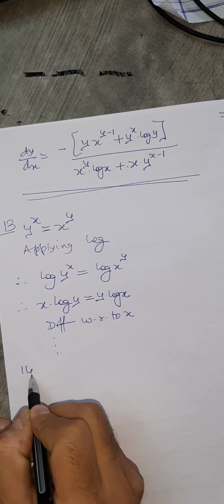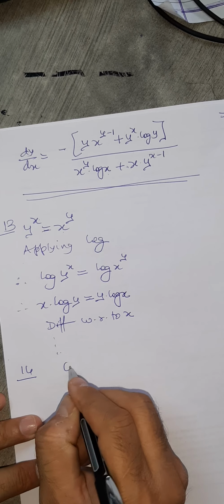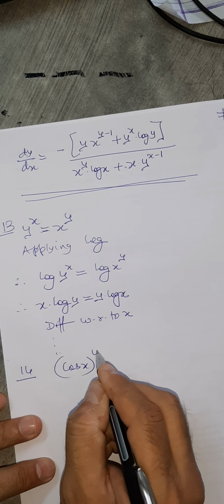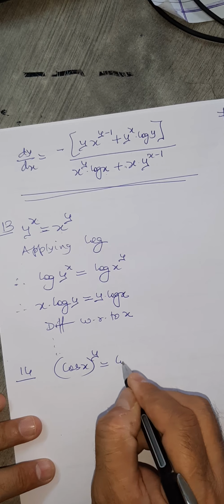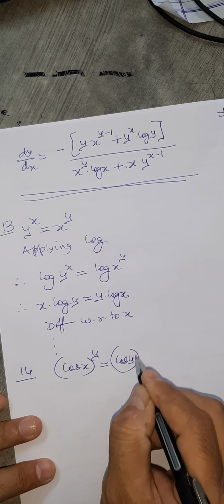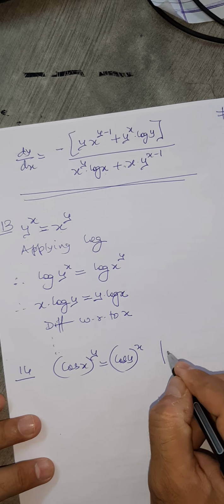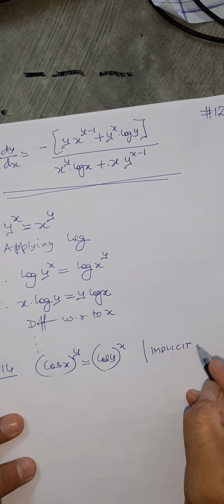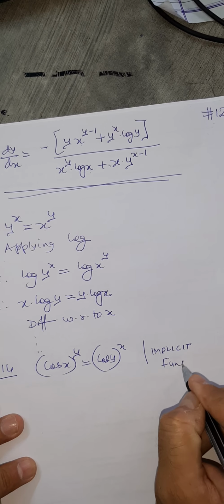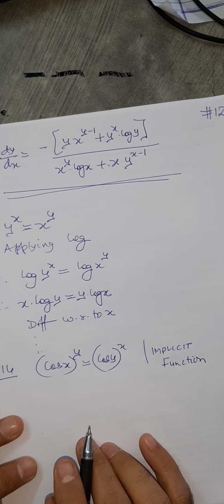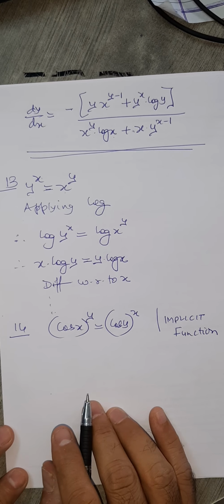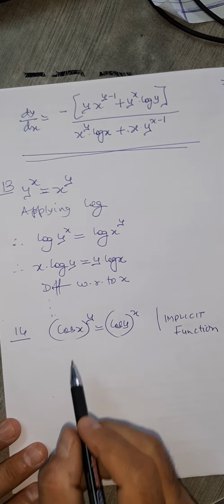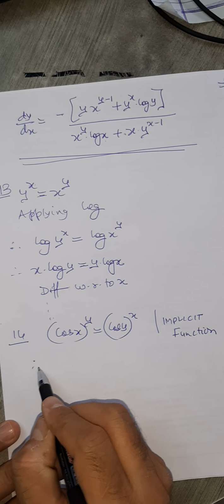14 number, more or less the same question. cos x raised to y. This is an equation of mixed variables, remember. If you recall, this is called an implicit function, as I mentioned earlier. But this is variable raised to variable form, remember. So we need to use either e or applying log on both the sides.